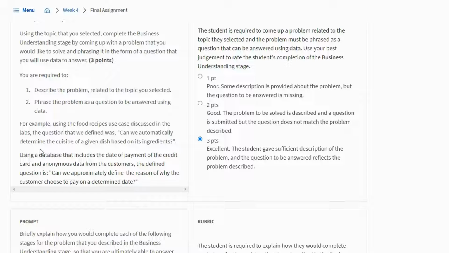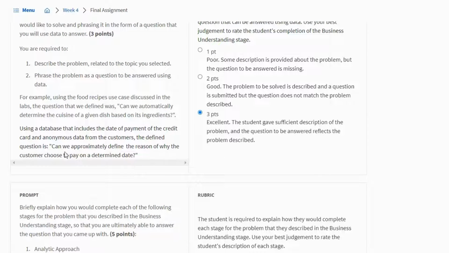So they have given an example first, and then using a database that includes the date of payment of the credit card and anonymous data from the customer, the defined question is, can we approximately define the reason why the customer chooses to pay on the determined date? So they have a question of why a customer is paying on a particular date.